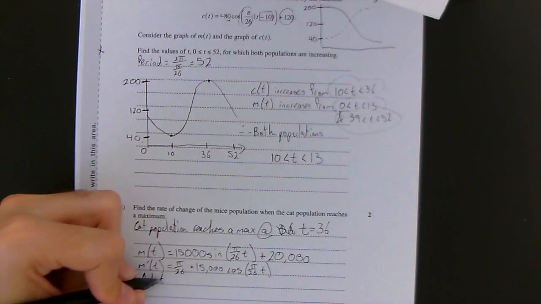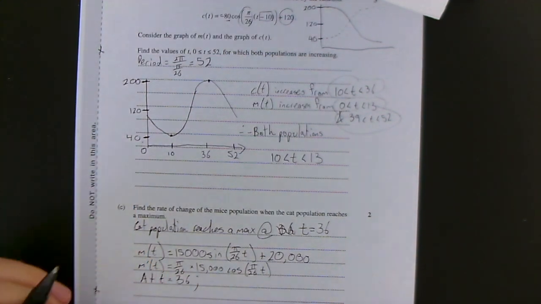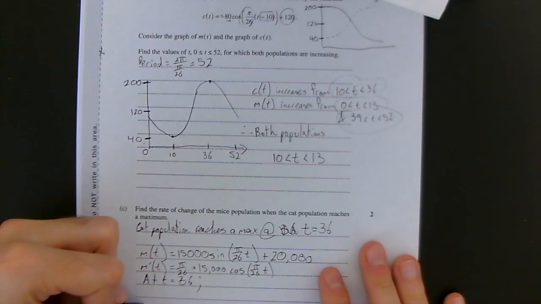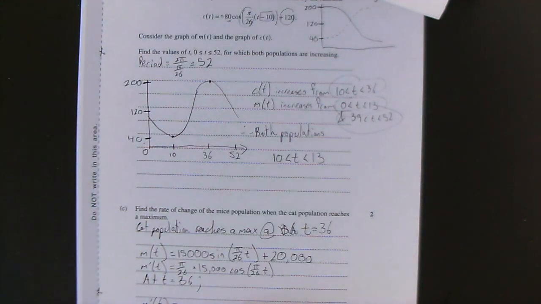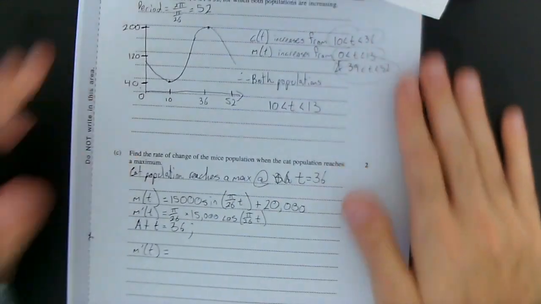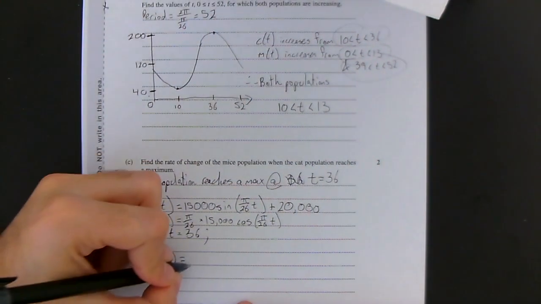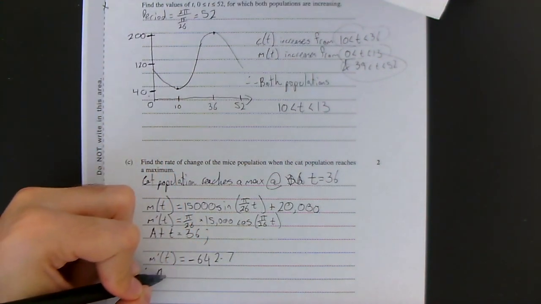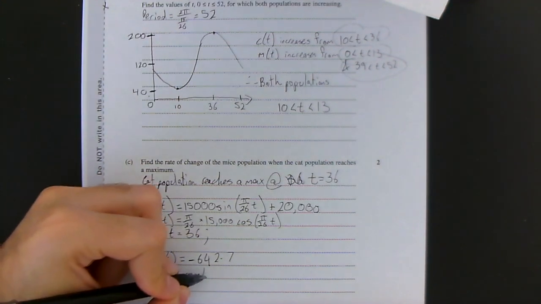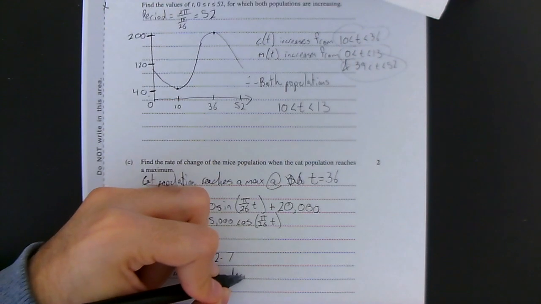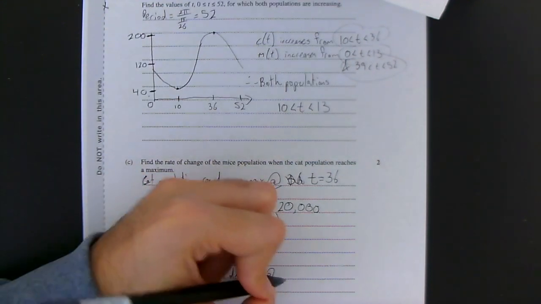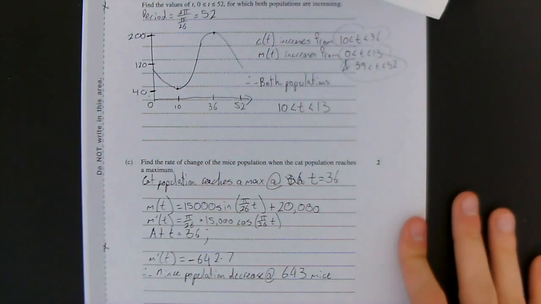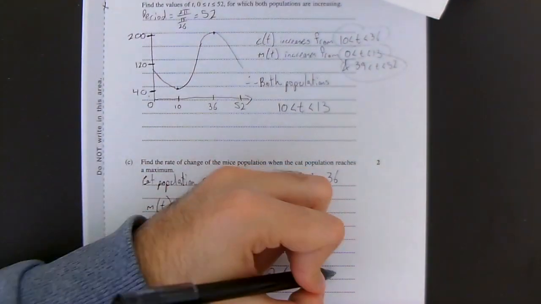So at t equals 36, we sub it in, ensure that our calculator is in radians, and we end up getting minus 642.7, and therefore we can conclude the mice population decreases, because of that negative, so decreases at 643 mice. And now t is weekly, so per week.